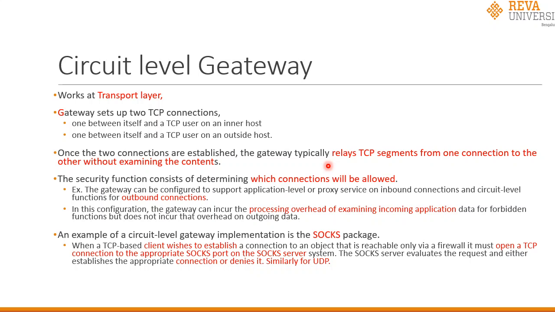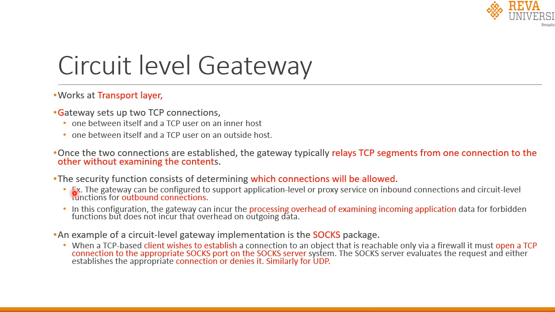So the important thing here is the setting up of two TCP connections. If that is reliable, then there is no need to examine the contents. The security function consists of determining which connections are to be allowed.